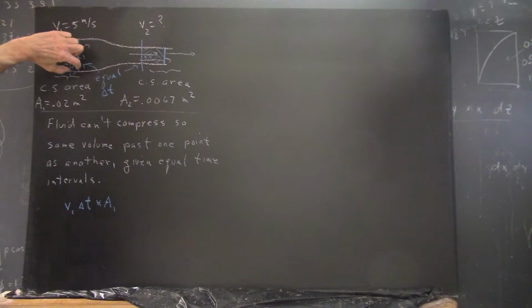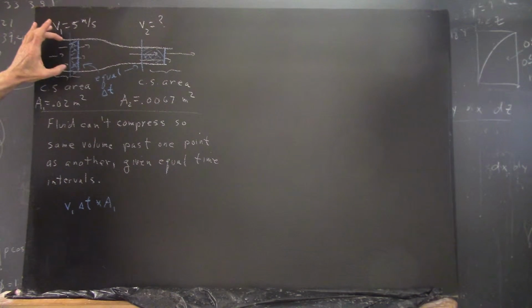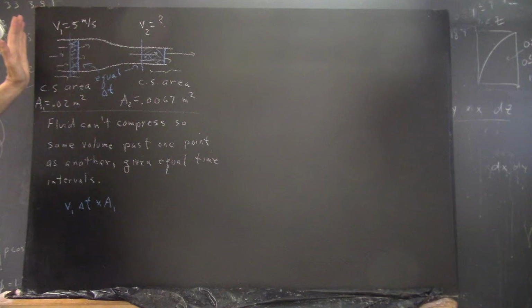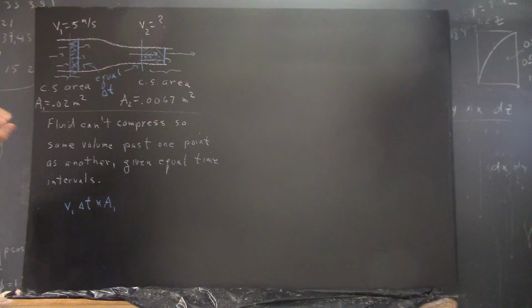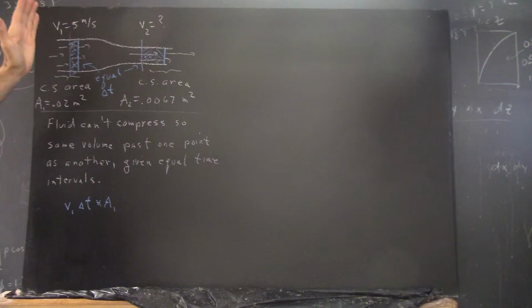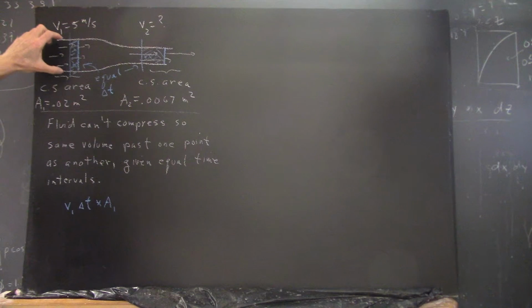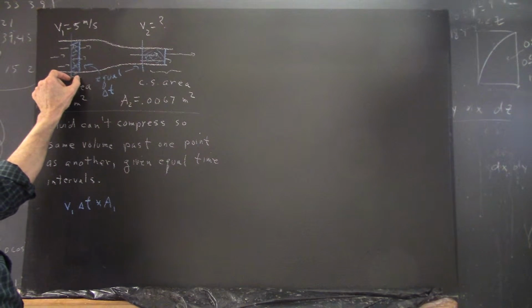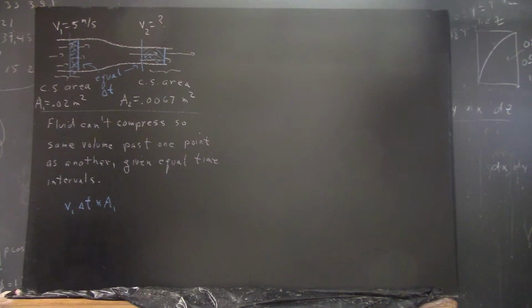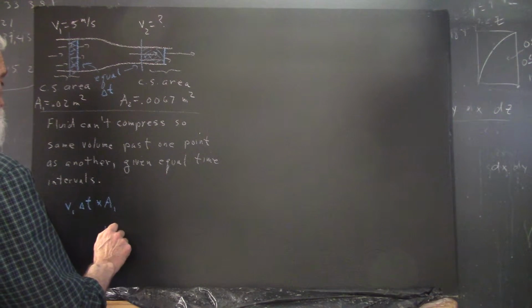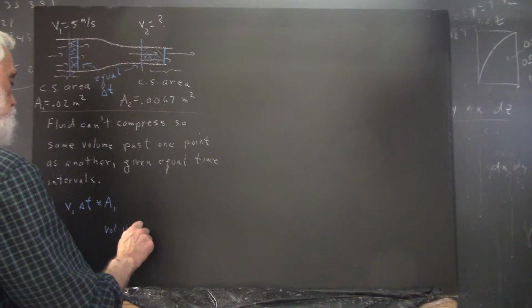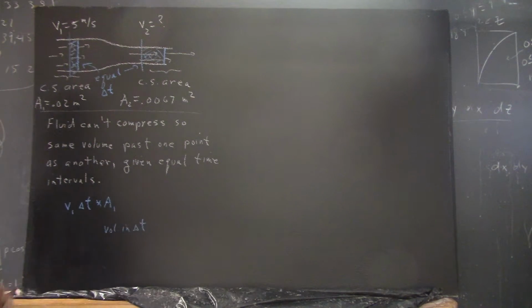V1 delta t is how far the fluid travels. Cross-sectional area is the area of the pipe at this point. So the volume of the fluid is going to be a cylinder with that cross-sectional area and that altitude. So we have this volume of fluid that flows in time interval delta t.